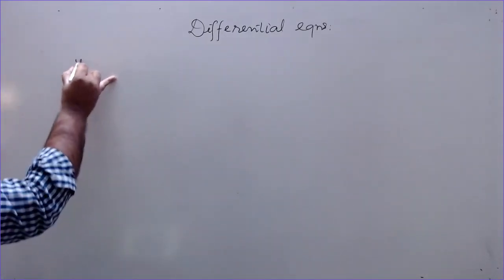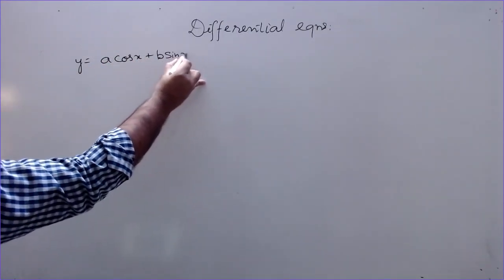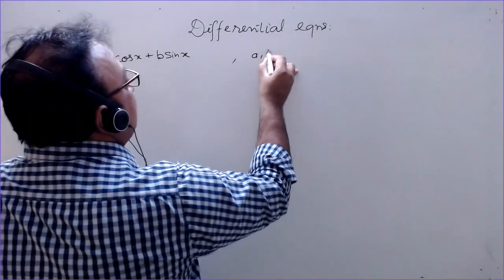But before this, let us discuss how a differential equation is formed and how we can solve it. Suppose the question is that y is equal to a cos x plus b sin x, and you have to form a differential equation of this, where a and b are real numbers.